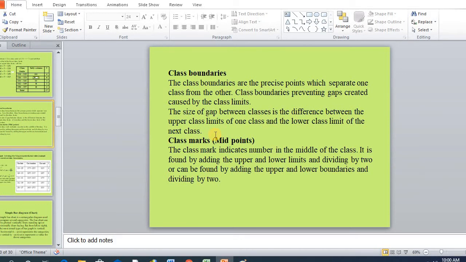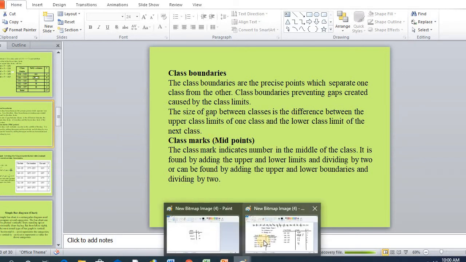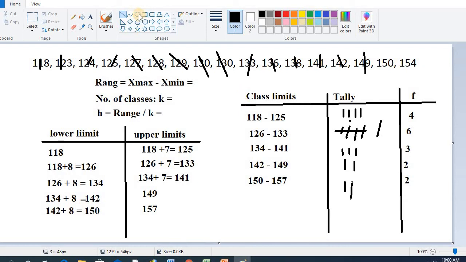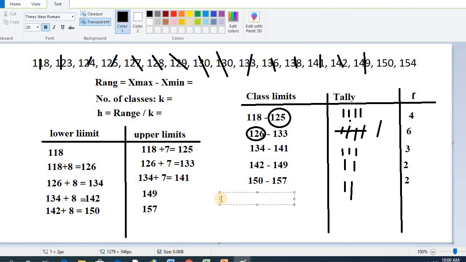What is the concept of class boundary? Class boundary can be obtained as the difference of this and this value divided by 2. 126 minus 125 is equal to 1. 1 divided by 2 is equal to 0.5.